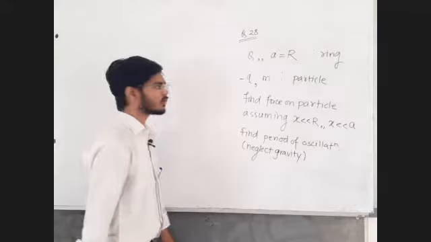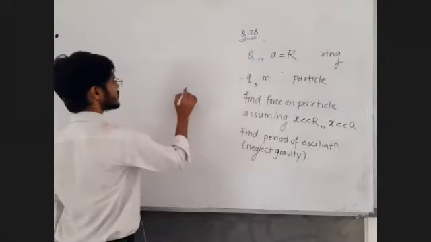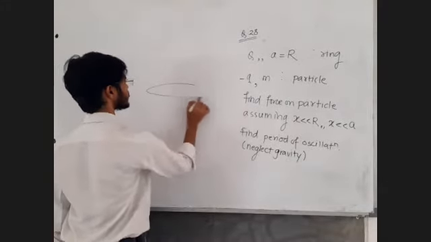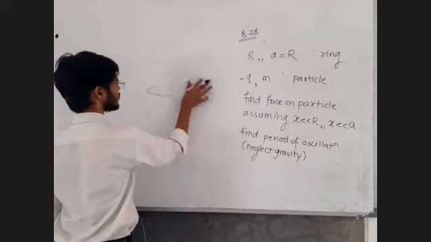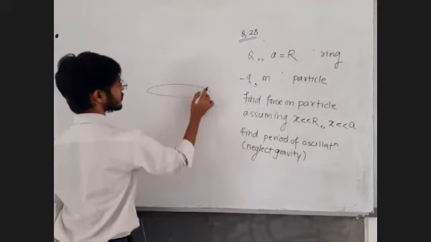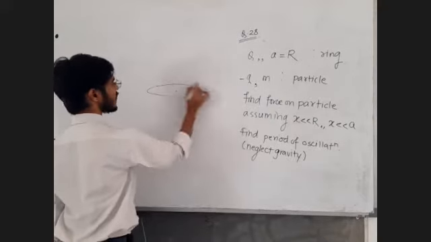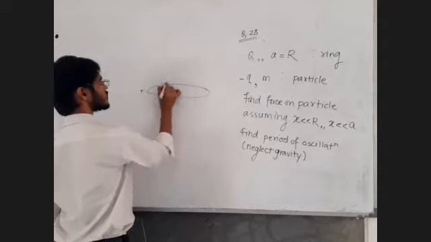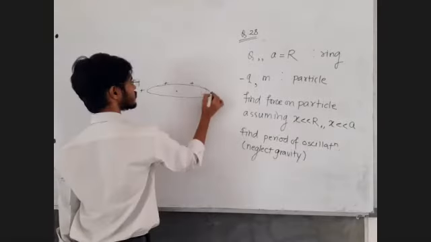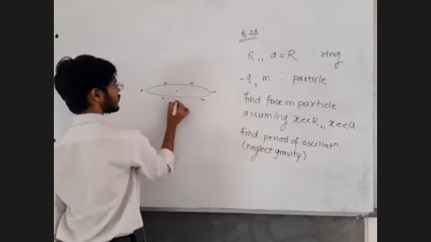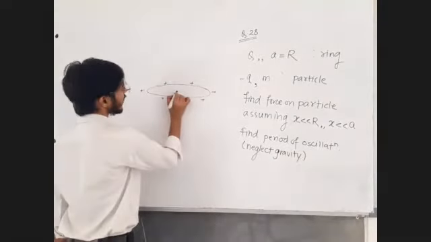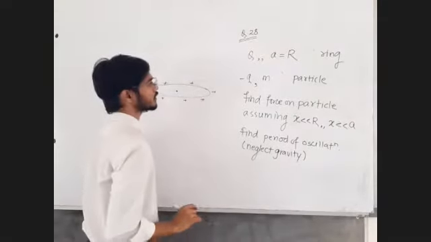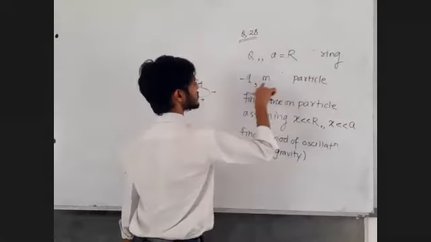The diagram is also given in the question itself. If not, even in that case you can take a vertical ring or a horizontal one, no problem. Let's say we have a ring which is positively charged, charge q. Now on the axis of the ring, a particle is placed at distance small x.